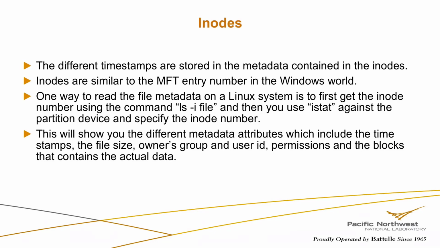And then you can use the istat command to get information about the inode. This will show you the metadata attributes of the file. For instance, it'll show you the timestamps, the size in bytes, who owns it, the group and ownership, and other information.